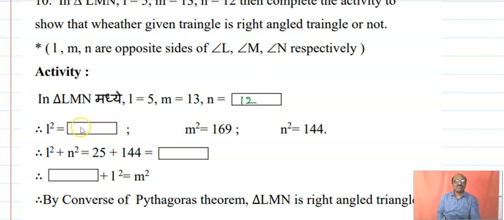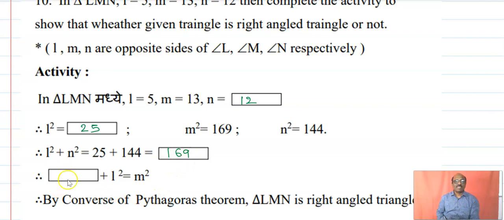L square means what? That is 5 square, it is 25. M square, that is 13 square, 169. N square, 12 square म्हणजे 144. L square plus N square, that is 25 plus 144, and that's equal to 169.